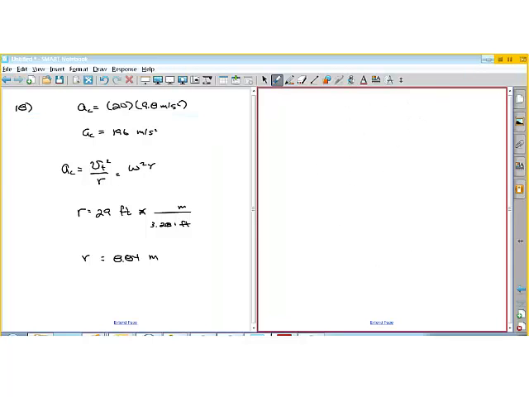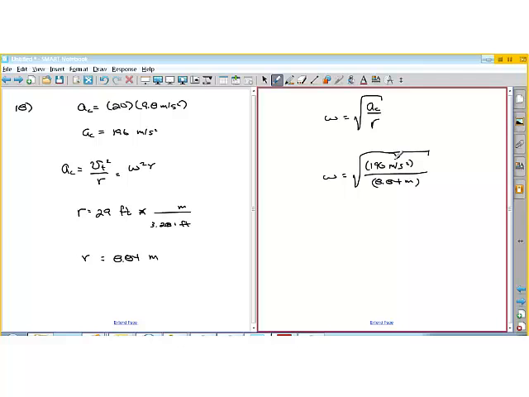Okay, so we're going to use this form. And so if you solve for omega, you see I divide both sides by r and take the square root. So I have the centripetal acceleration divided by r. So omega is the square root of 196 meters per second squared divided by r, which is 8.84 meters.